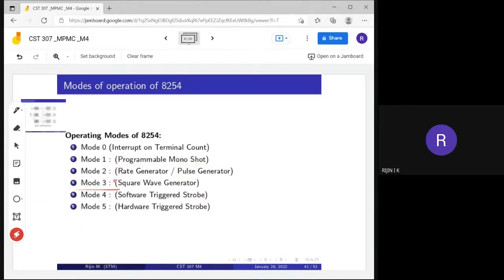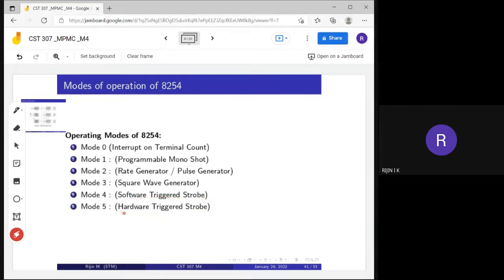In mode 3 we will call it square wave generator. And mode 4 is a software triggered strobe mode. Mode 5 we will call hardware triggered strobe.